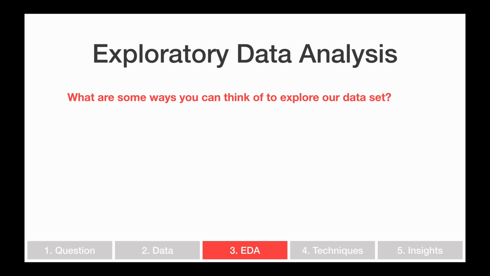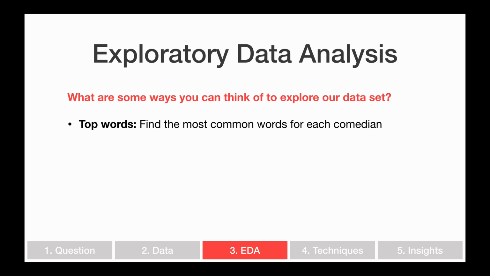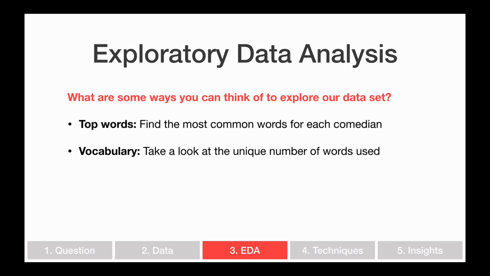So again, my question is, how is Ali Wong different from other stand-up comedians? And some ways that you can think of to explore this data right away is maybe looking at the top words that she uses versus other comedians. You can also take a look at her vocabulary. Does she have a small vocabulary, a big one? What about other comedians?